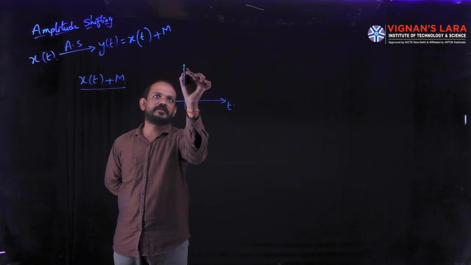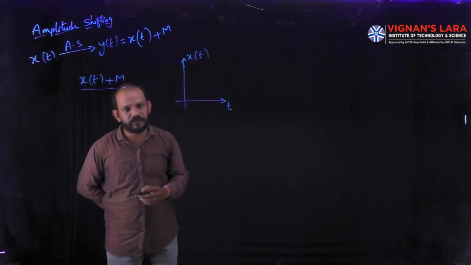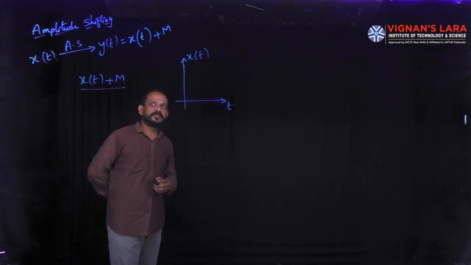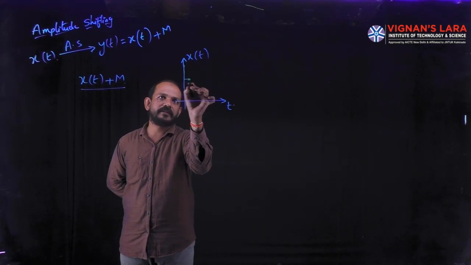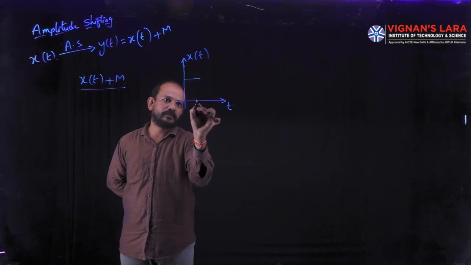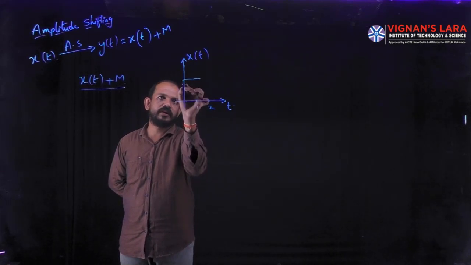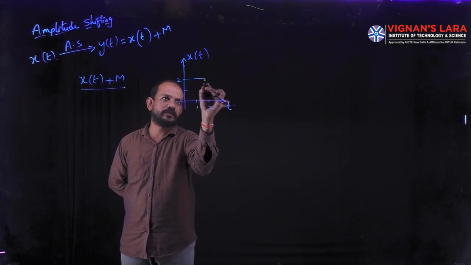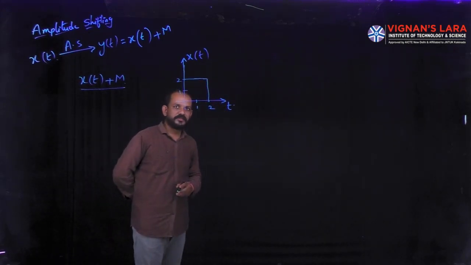For that, I am taking x of t as follows. This is t and this is x of t. Let's take the signal maybe like this. This is 1 and this is 2. There is a signal like this.